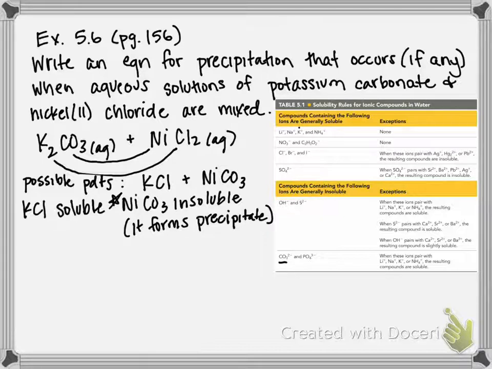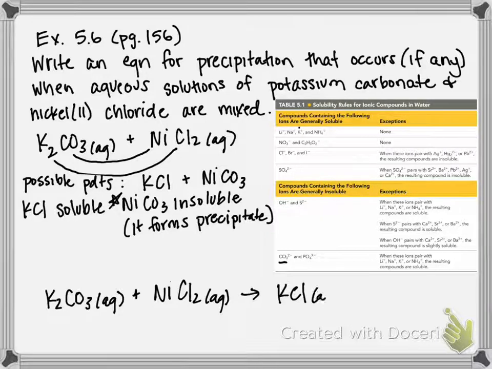So it's going to be our reactants, K2CO3, which is aqueous, plus NiCl2, which is aqueous, forms the two products that we talked about: KCl, which is aqueous because it is soluble, and NiCO3, which, because it is a precipitate, exists as a solid.